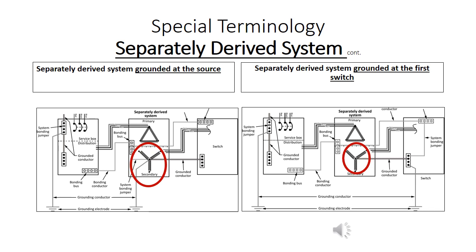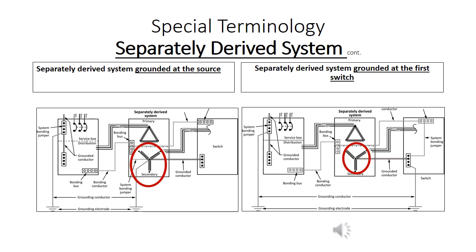Further information on a separately derived system. Here are two examples of a separately derived system. Every time you install a transformer, you are creating a separately derived system. An autotransformer, however, is not a separately derived system because both the primary and secondary windings are connected to a common core. If you notice in each of these photos, you have a delta-Y transformer.